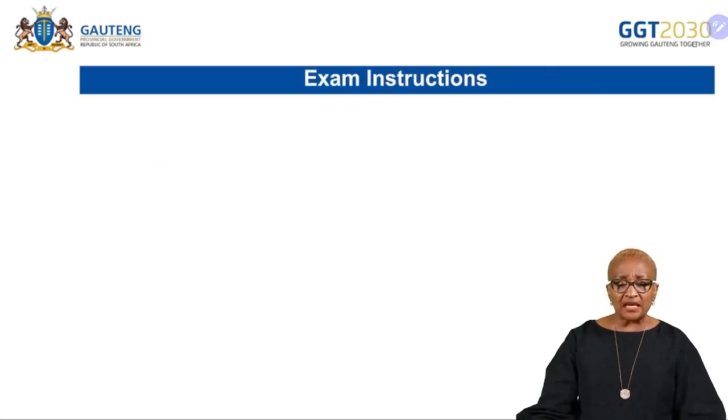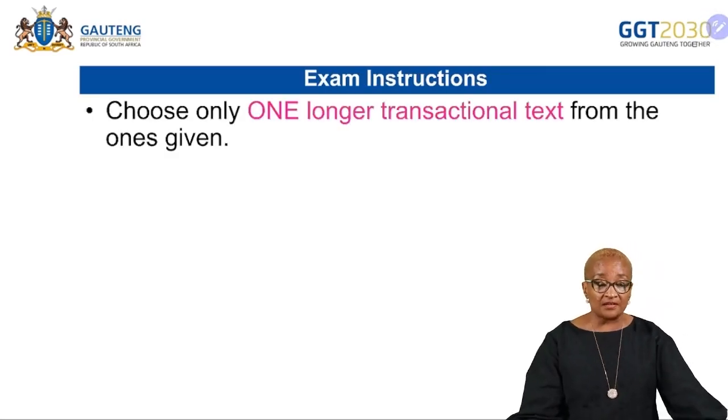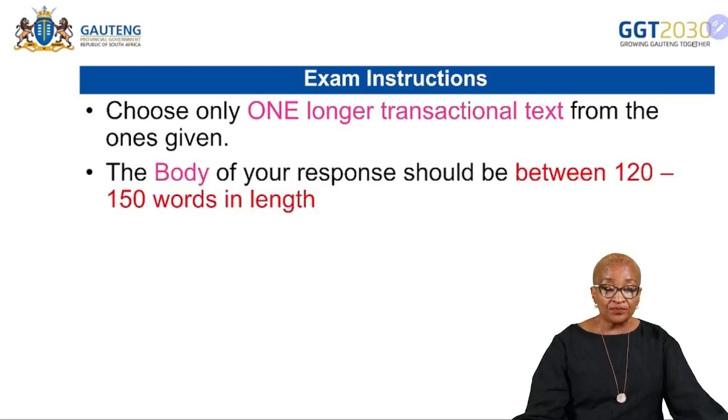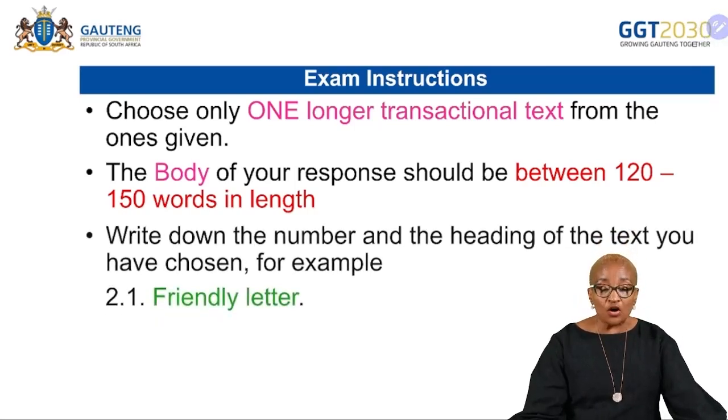Right, let's have a look at the exam instructions in this section. You are expected to choose only one longer transactional text from the ones given, and the body thereof should be between 120 and 150 words in length. Write down the number and the heading of the text you have chosen. For example, 2.1, friendly letter.